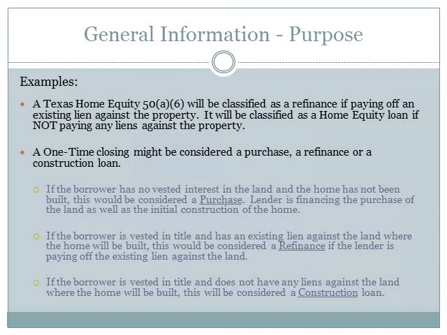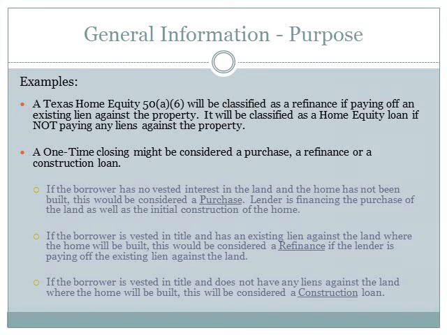A one-time closing might actually be considered a purchase or a refinance or a construction loan. It depends on the scenario for the transaction. If the borrower has no vested interest in the land and the home has not been built, then this would be considered a purchase. The lender's financing the purchase of the land as well as the initial construction of the home.